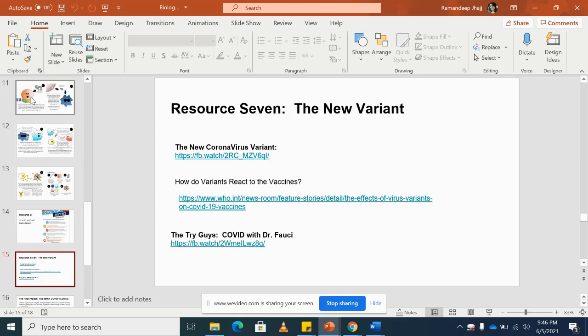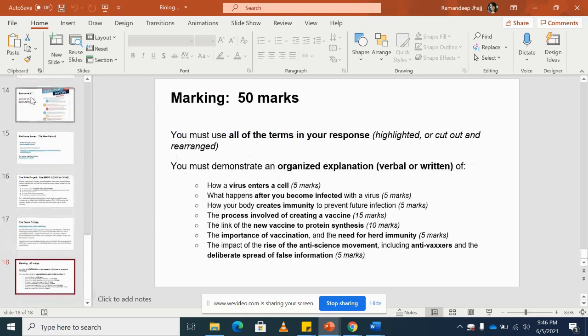After I go through all that, they will be working on their final project, where they will be answering questions like: how a virus enters a cell, what happens after you become infected with a virus, how your body creates immunity to prevent future infection, the process involved in creating a vaccine, the link of the new vaccine to protein synthesis, the importance of vaccination and the need for herd immunity, and the impact of the rise of the anti-science movement, including anti-vaxxers, and the deliberate spread of false information.